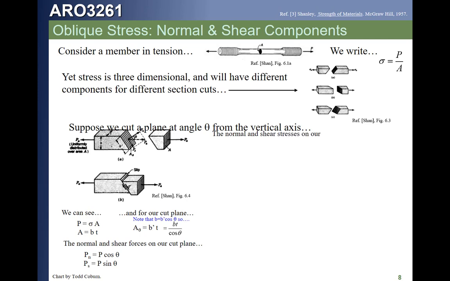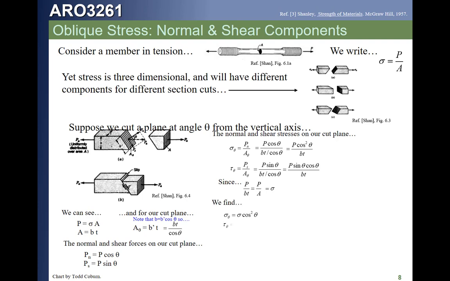Great. So our new stresses that are normal and shear to the plane, or normal, parallel and perpendicular to the plane, are now the normal force over the area and the shear force over the area, which becomes these two relations. Now we can write these as a function of our original P over A stress for the original force by just plugging in sigma for P over bt anywhere we see that.